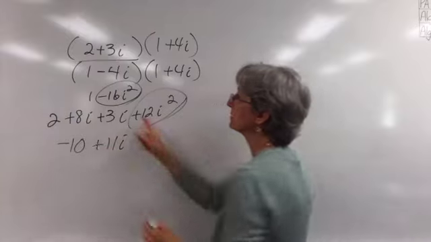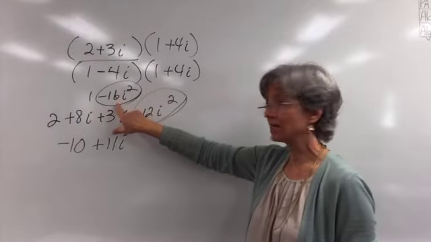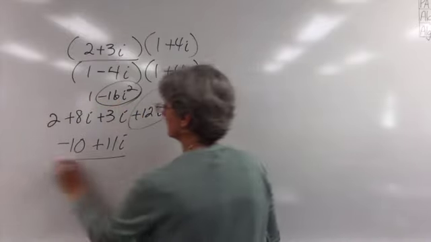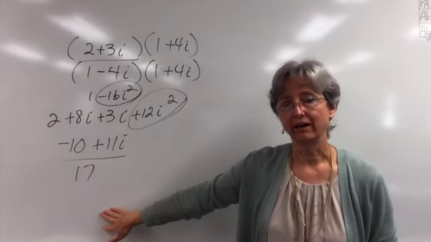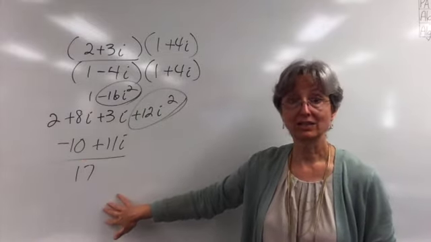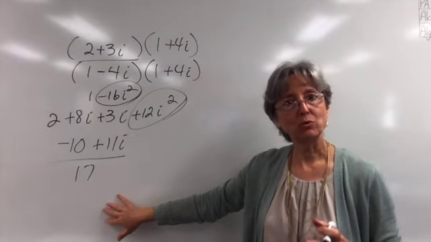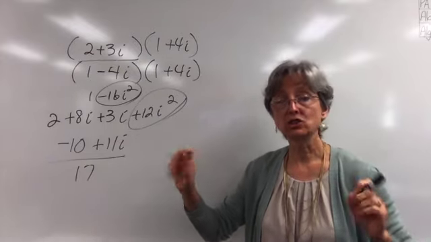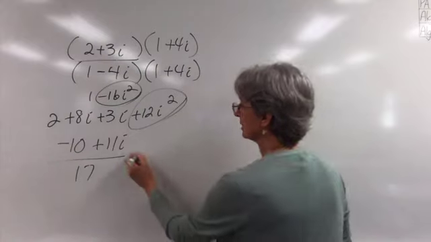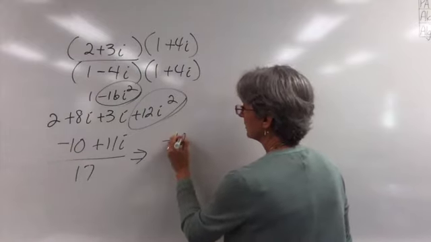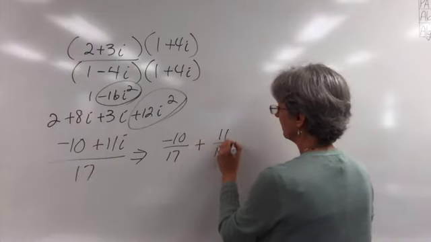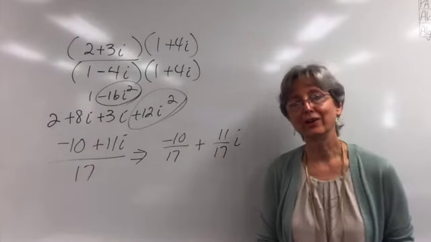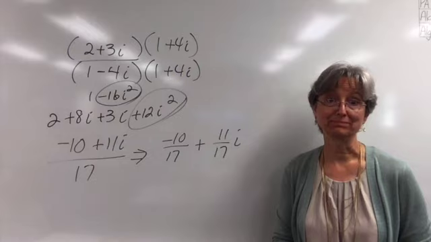This simplifies to be positive 16, so 1 plus 16 is 17, and I have finished. That's what it is. Now, if I write this in legit standard form, it should be negative 10 over 17 plus 11 over 17i. There it is in standard form.